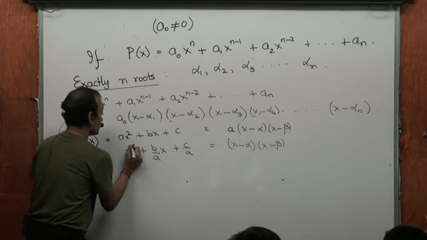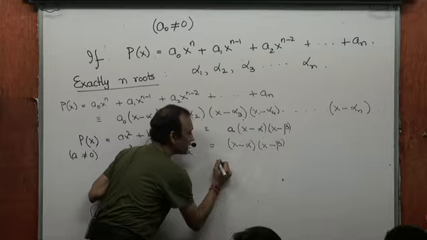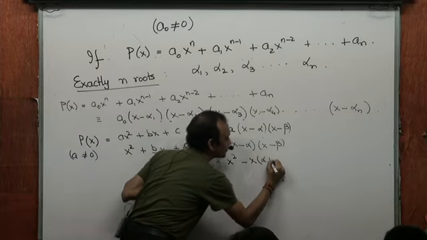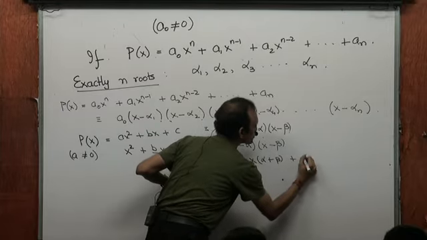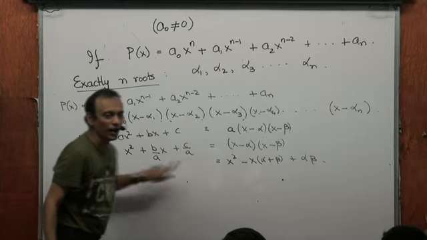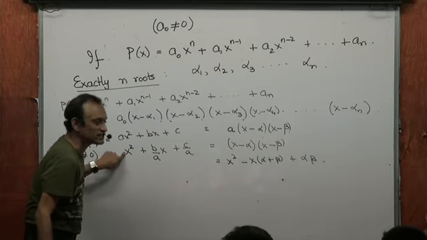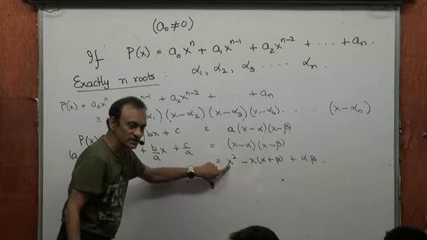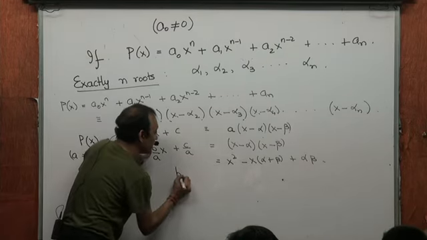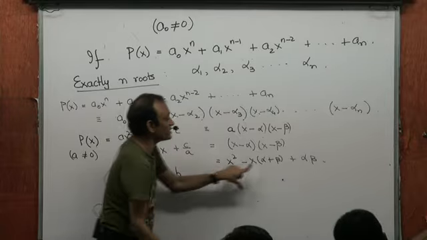Now, this is an identity. This is a polynomial of degree 2. When you multiply, you see this is x squared minus x into alpha plus beta plus alpha beta, is what you get. Yes or no? Now these are identical polynomials. See, the coefficient of x squared is 1 here and 1 here. The coefficient of x here is b by a. What is the coefficient of x there?